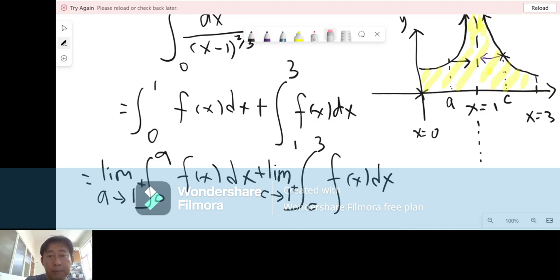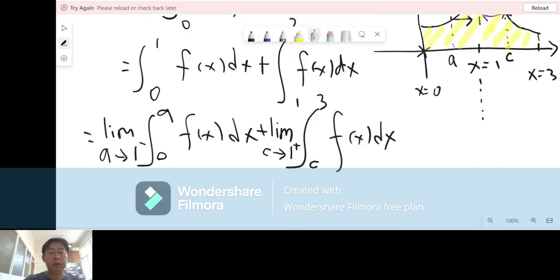I think I made a mistake of the notations here. We should refer to the limit of a tends towards 1 from the left. Therefore, this should not be 1 plus but 1 minus to indicate that a is tending to 1 from the left.